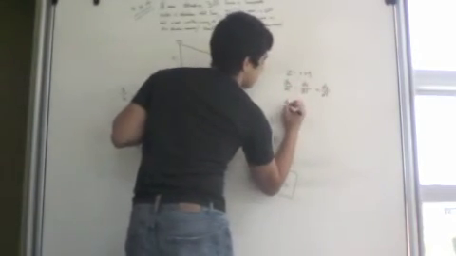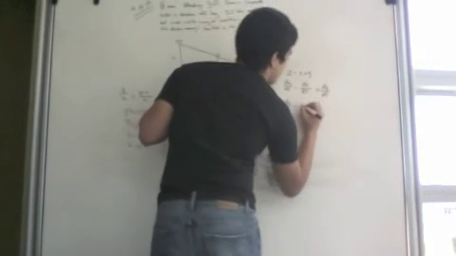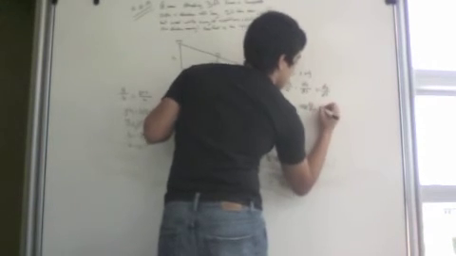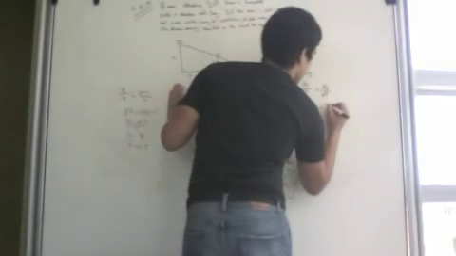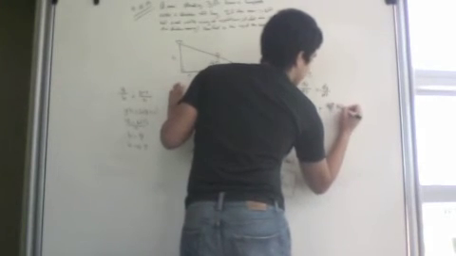So dz/dt is equal to dx, which is 400 feet per minute, plus dy, which is 1600 over 3 feet per minute.